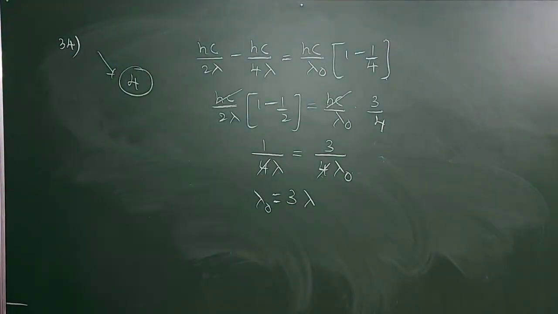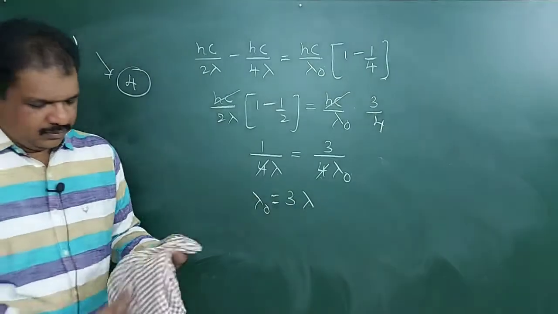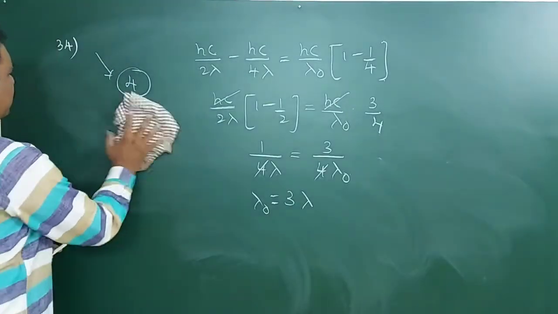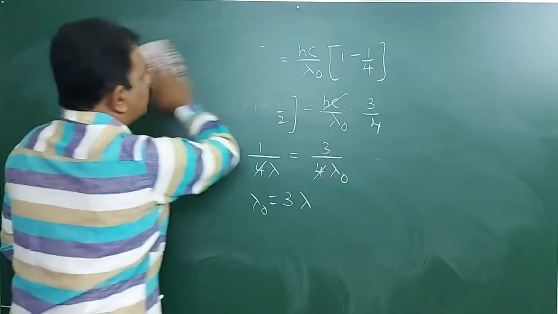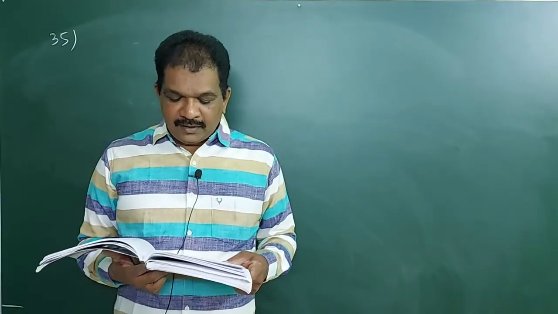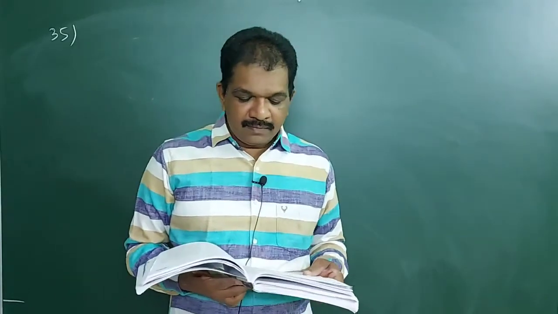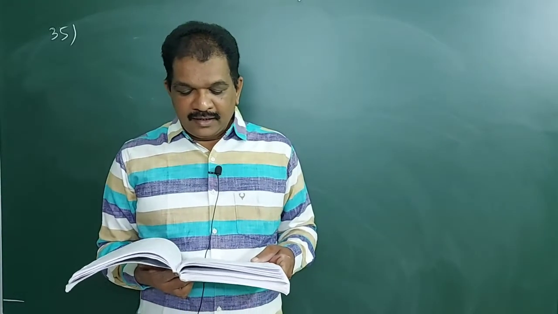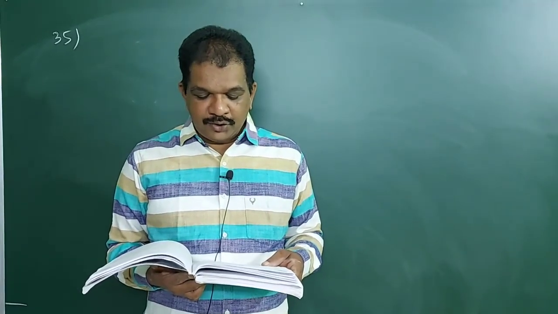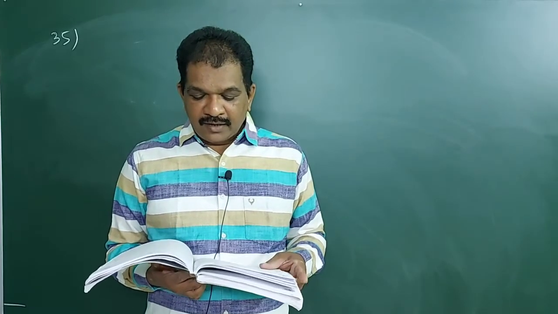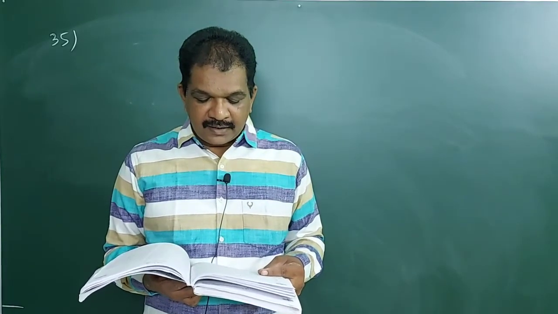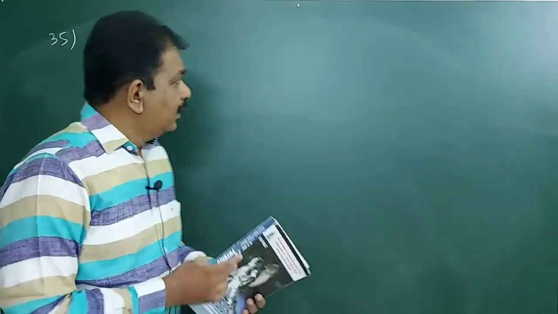What they are asking, see. An electron of mass m and de Broglie wavelength lambda falls on a target in an X-ray tube. The cutoff wavelength lambda naught of the emitted X-ray is? Okay.